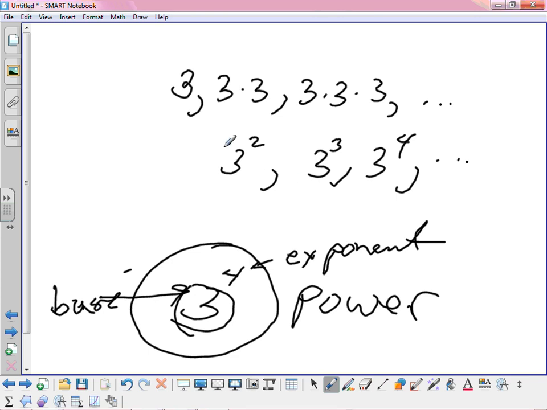So it's made up of a base, which are the factors, and how many factors is the exponent. But that's a rather simple setting for exponents. That's where you start.